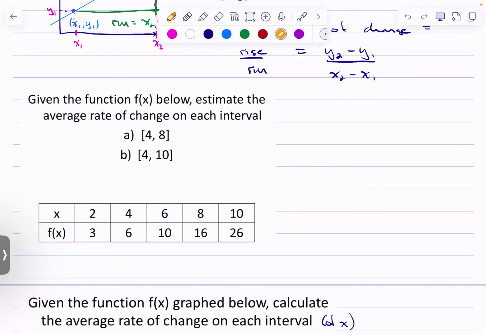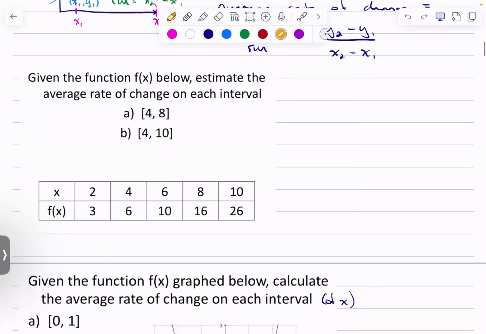We can have, so this author, he loves doing things, a function as a table, a function as a graph, and then a function as a mathematical function. And so we'll see examples using all of them. If we have a function as a table, f of x, we're asked to estimate the average rate of change on each interval.